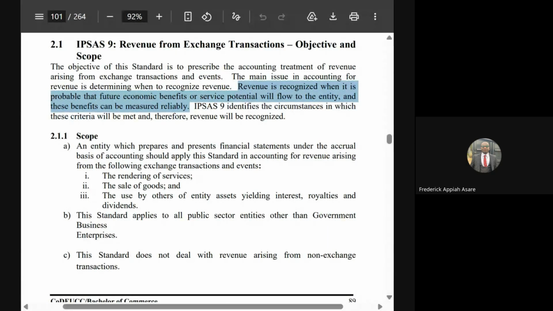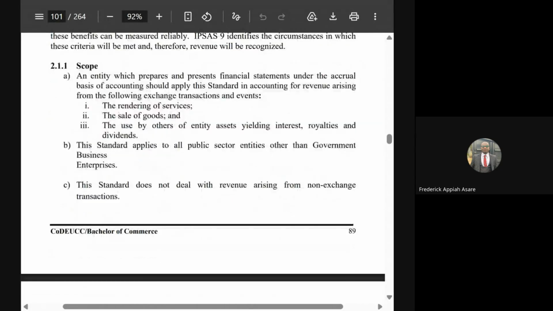That is the basis where revenue can be recorded. IPSAS 9 identifies the circumstances in which these criteria will be met. Therefore, revenue will be recognized.